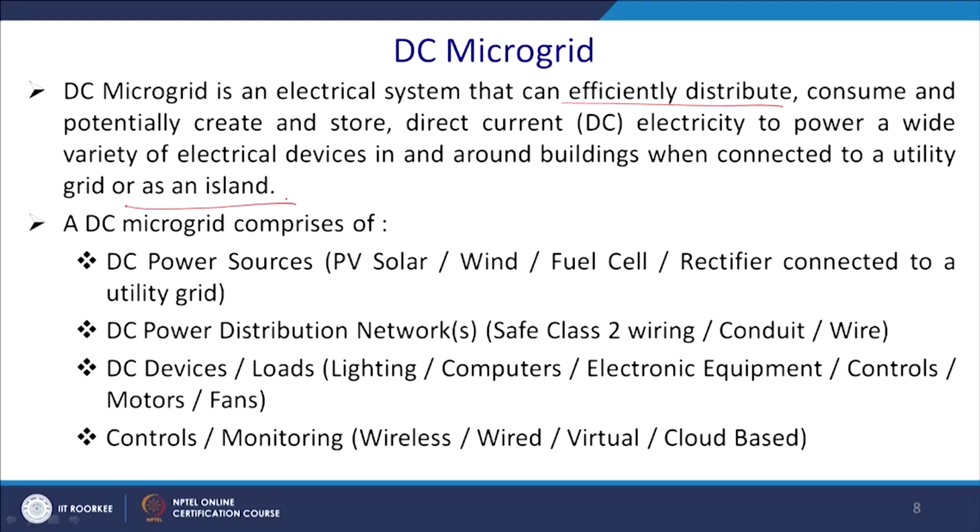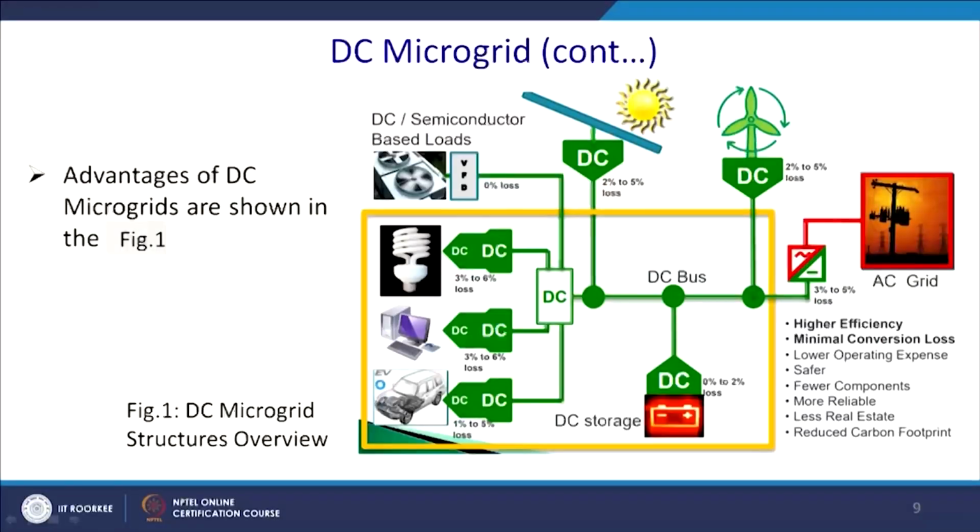A DC microgrid comprises DC power sources, PV, wind, fuel, a rectifier connected to the utility grid, the power distribution networks, SAPE, class 2 wiring, conduit wire, DC devices, loads, lighting, computers, electronics equipment, controls, motors, fans, etc. Controls and monitoring of wireless, wired, virtual, cloud based computation, servers and other devices.